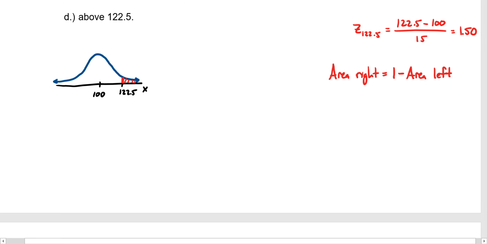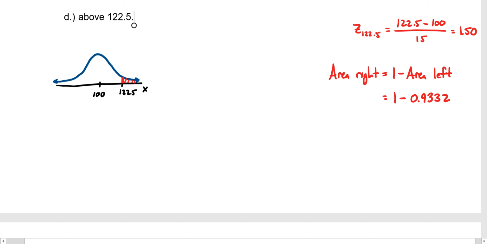And we have to remember, since we're looking for the area to the right, it's 1 minus the area to the left. So we have to find the area to the left of 1.5. And if we look that up in the table, that's going to be 0.9332.